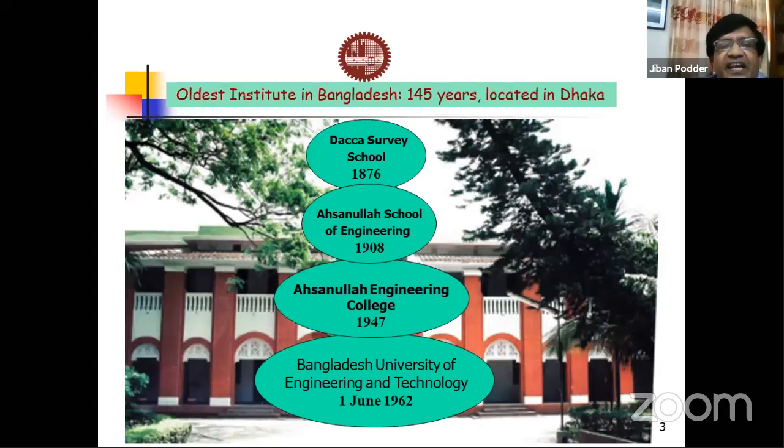Its journey started in 1876 as the Dhaka Survey School, then became the Ahsanullah School of Engineering in 1908, and then Ahsanullah Engineering College in 1947, and finally the full-fledged university started in June 1962 as Bangladesh University of Engineering and Technology.